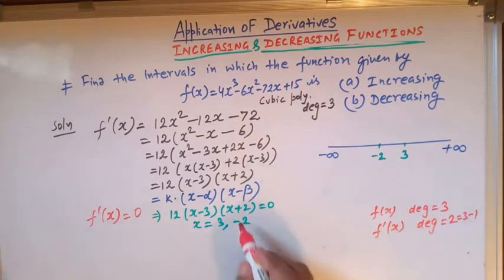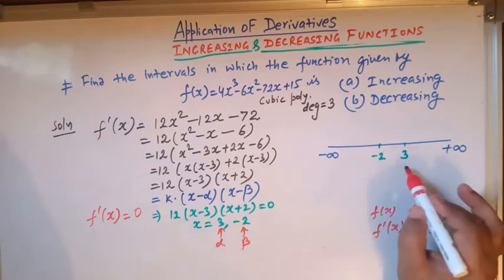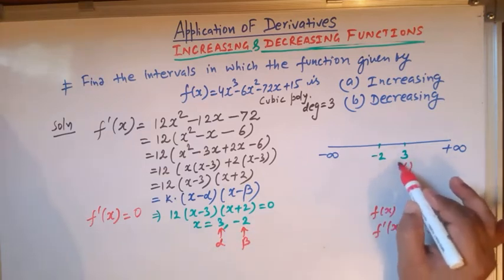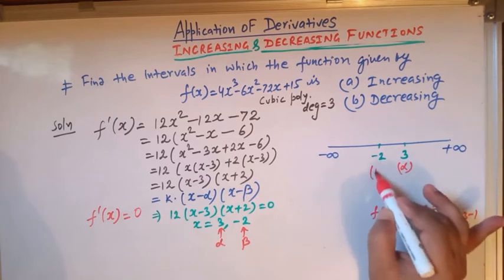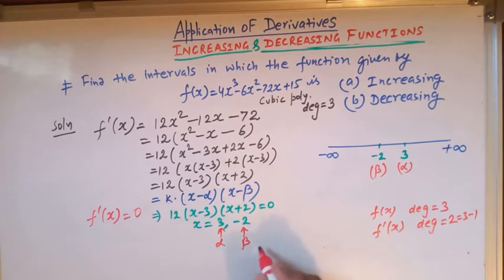Clear? And we have two roots, say this is alpha and this is beta, and the value of k is 12.